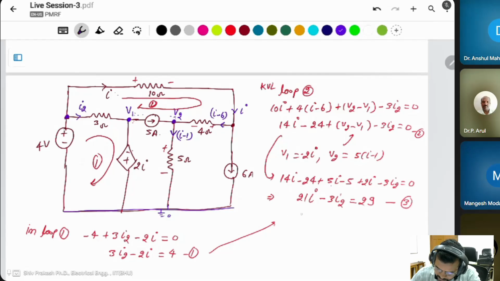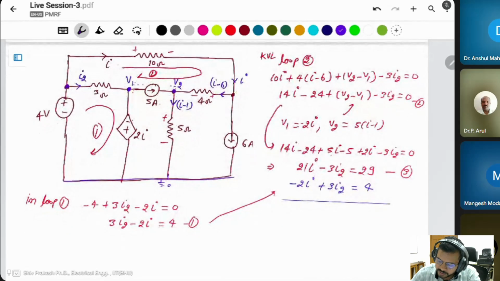It will be minus 2I plus 3I2 is equal to 4. You can simply add both. Then 19I plus 0 is equal to 33. I is equal to 33 by 19.